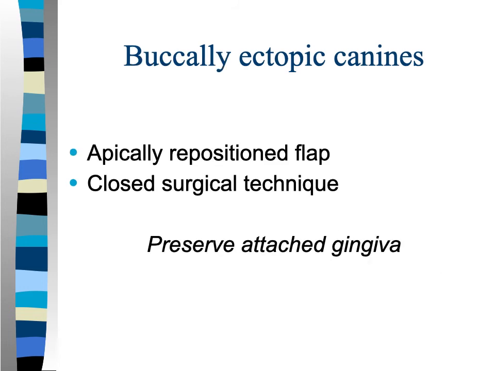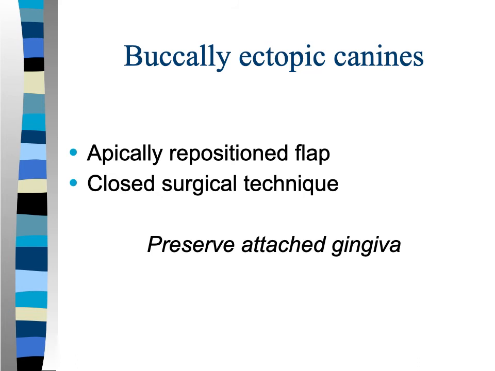With buccally ectopic canines, it's a little bit more tricky because there's less attached gingiva on the buccal. So we have usually two options. Either, if the canine is not very high up vertically, we can do an apically repositioned flap, and that's where you open a full thickness flap, and then you lift the gingiva up and you resuture it around the crown of the canine.